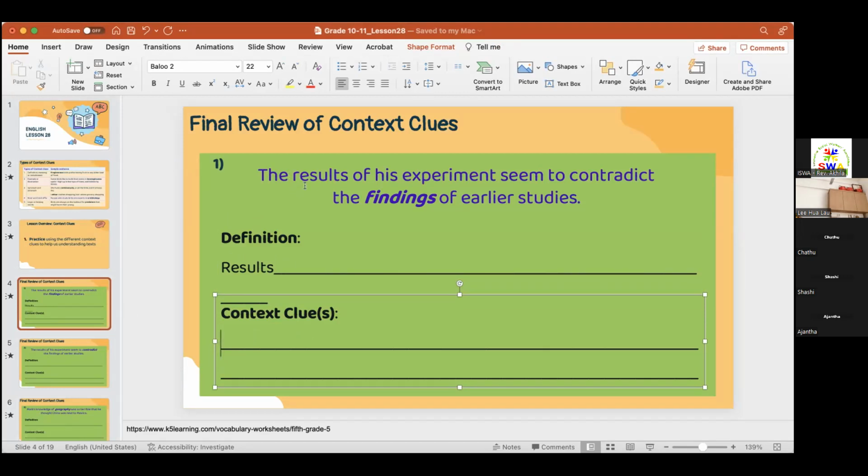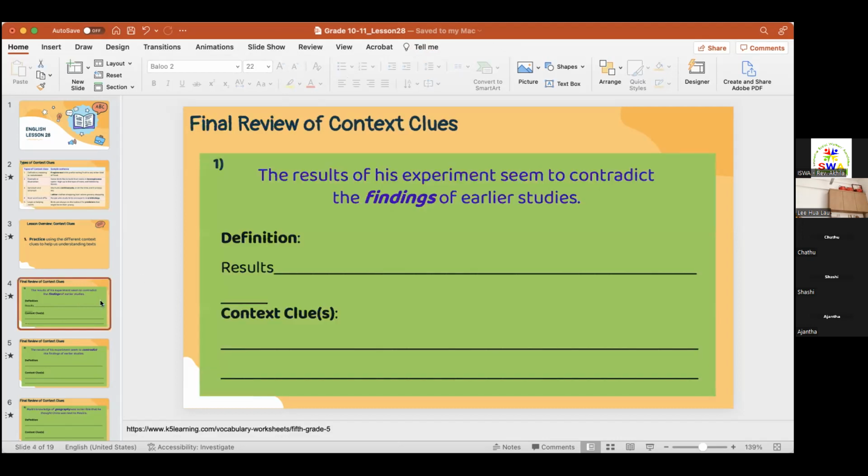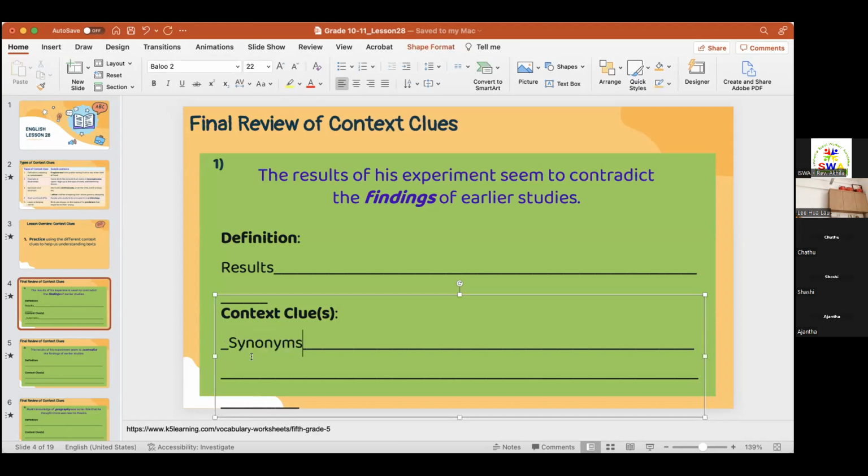Results are what? I think what you're trying to say is that results and findings have the same meaning, so they are actually synonyms. Wait, let me see if I can convert this.